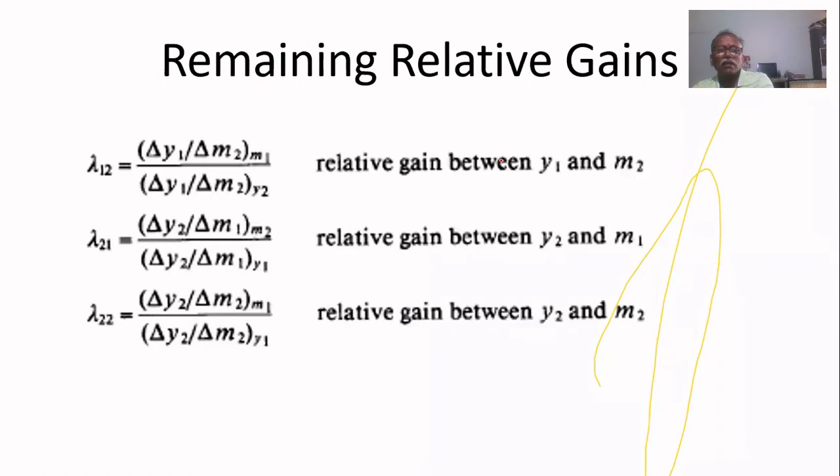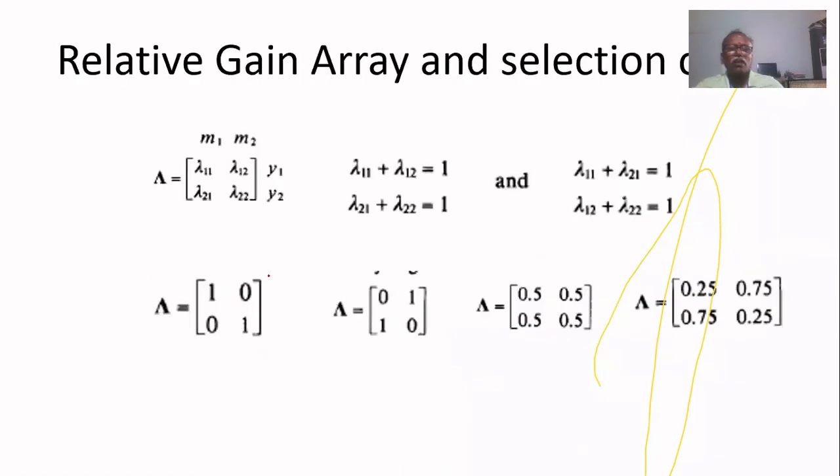If it is a 3 by 3 process, lambda 1 1, lambda 1 2, lambda 1 3, lambda 2 1, lambda 2 2, lambda 2 3, etc. Anyhow, it is a square matrix.